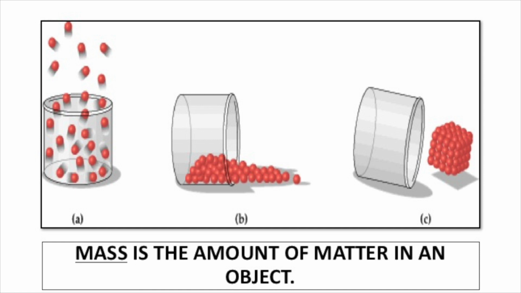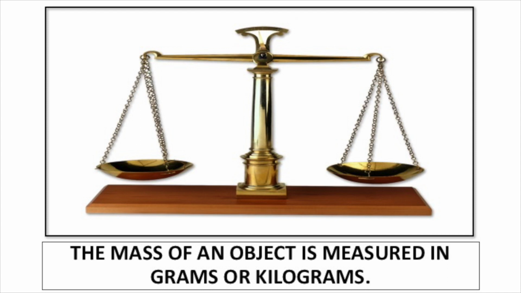So one more time, mass is the amount of matter in an object, which is different from weight. The mass of an object is measured in grams or kilograms.